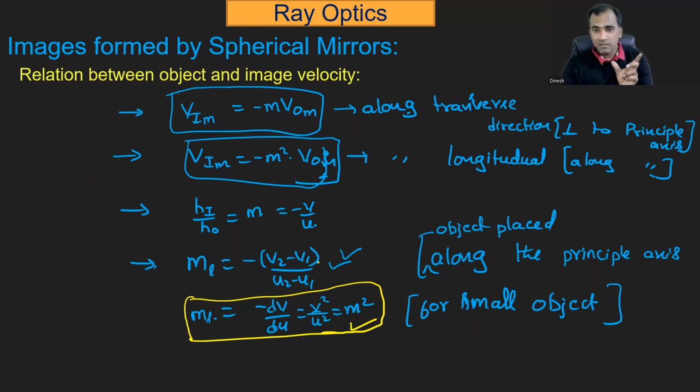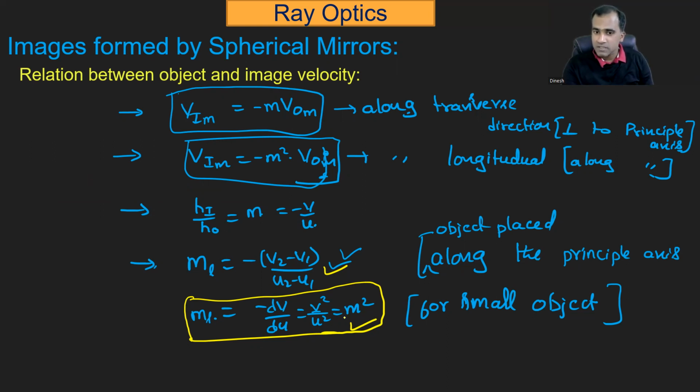If the object is bigger, take the two endpoints, find their images, and take the subtraction. For bigger objects, there is no shortcut, and you don't need to remember this formula. Take the two endpoints, find the images of those endpoints, measure the length of the image and the length of the object, and just do the division to get the magnification factor.